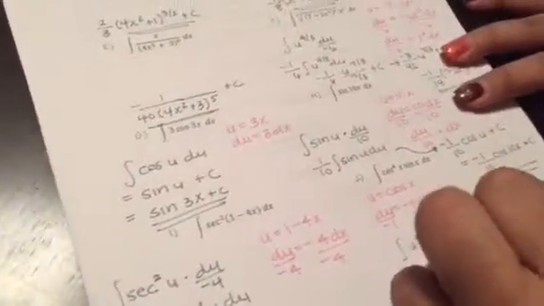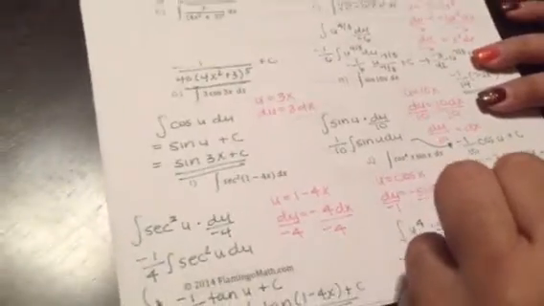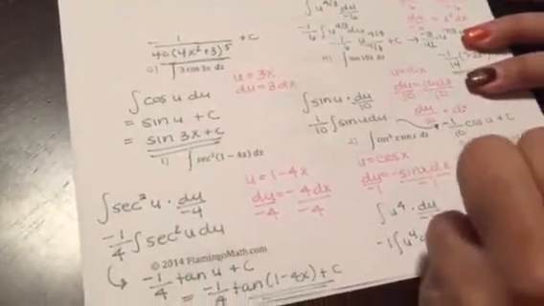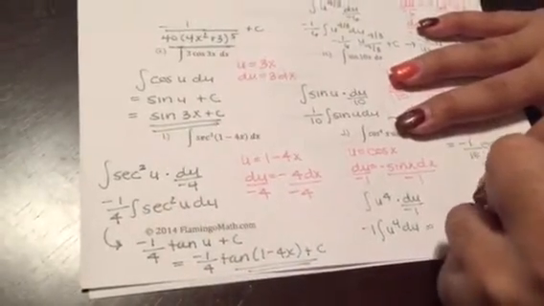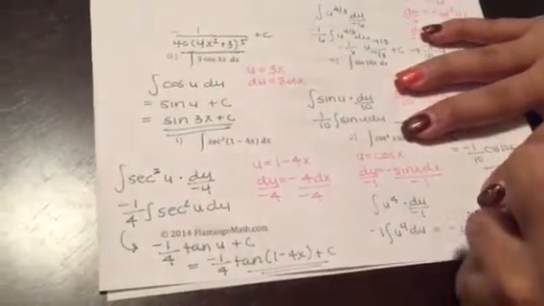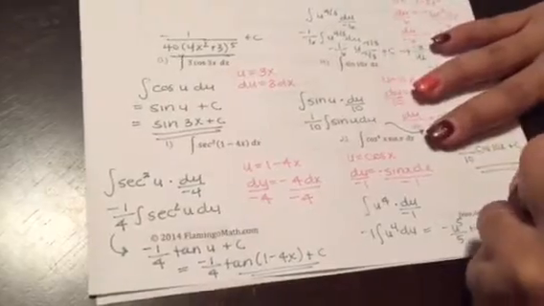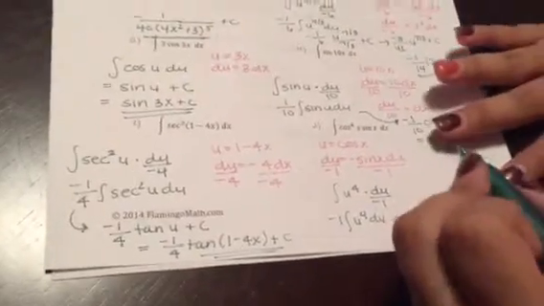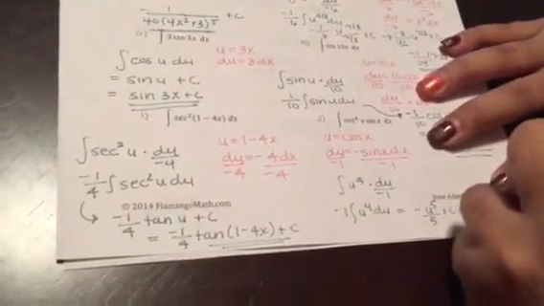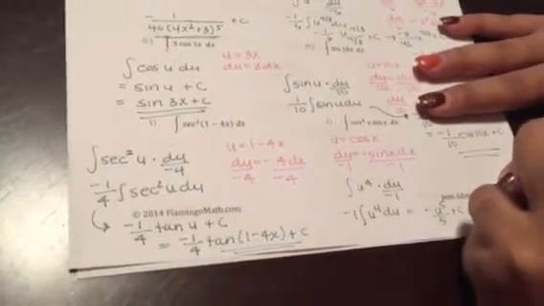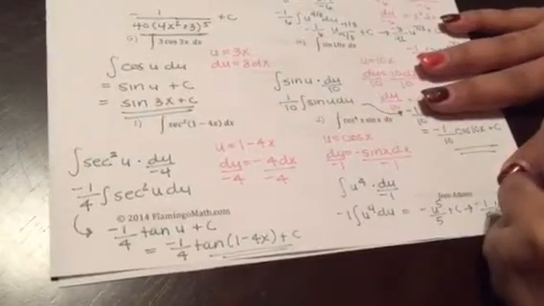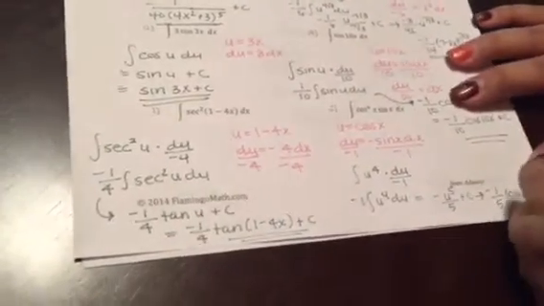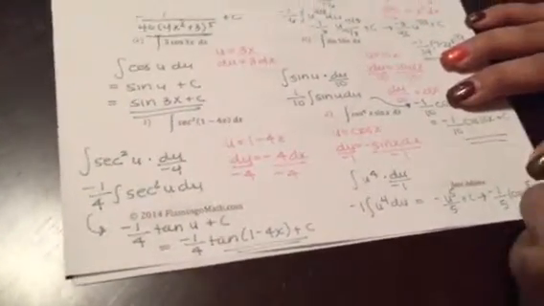Pull out the constant. Negative 1 u to the 4th du. Integrate it. That's negative u to the 5th over 5 plus c. When we rewrite it, it's negative 1/5 cosine x to the 5th plus c.